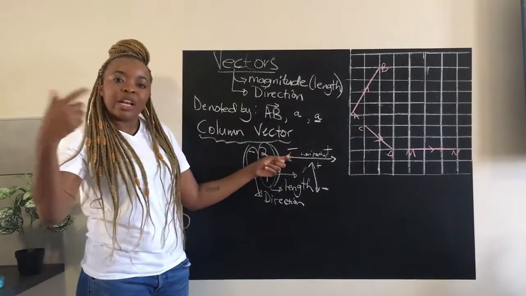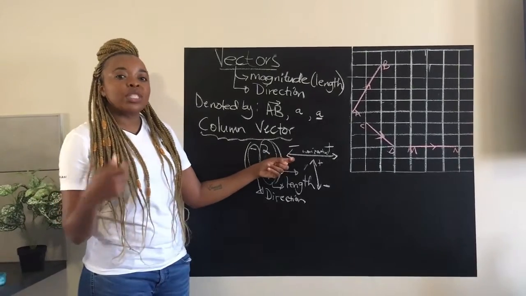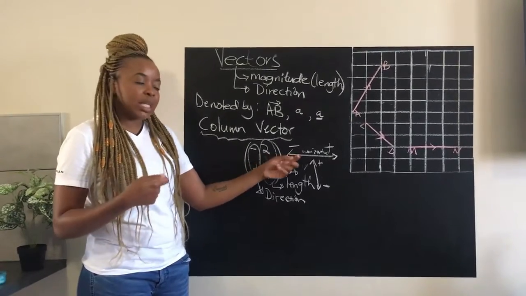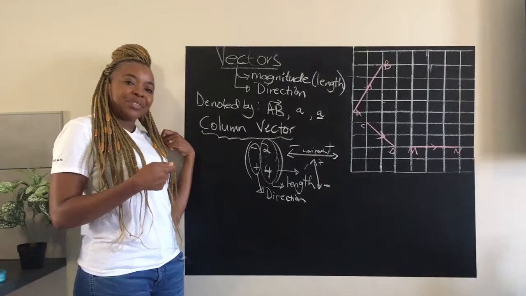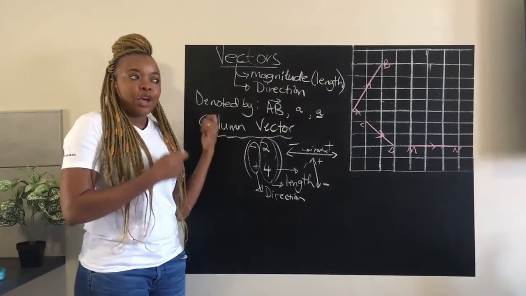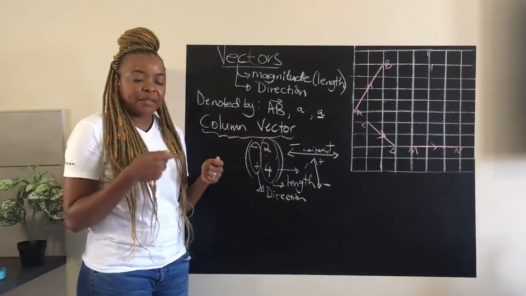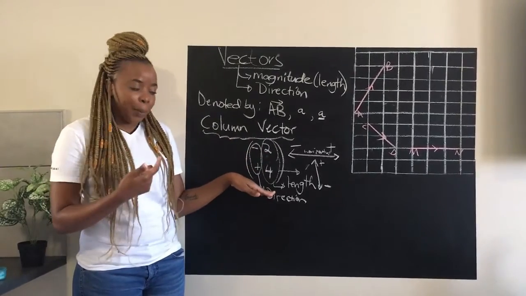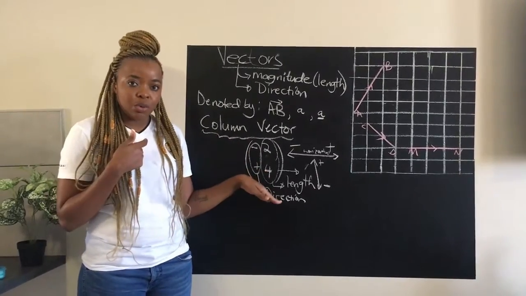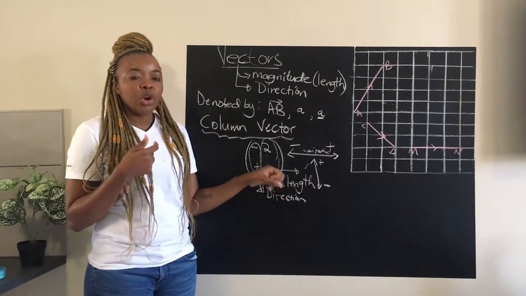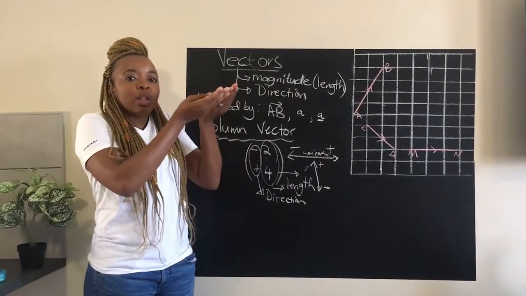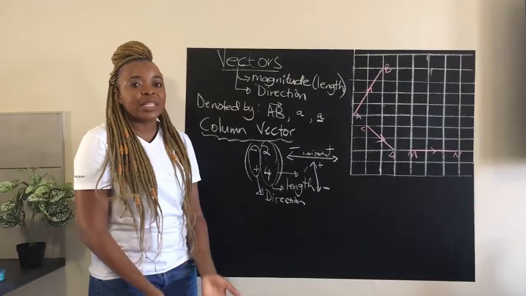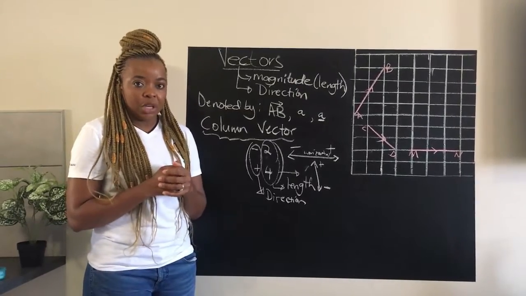If it's to the left or to the right, that is a horizontal movement. If we went to the left, we make it negative. If we went to the right, we have a positive value. Then the bottom number represents the vertical movement. If we went up, we have a positive value, and if we went down, we have a negative value.